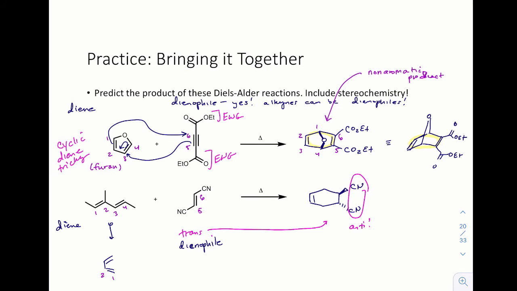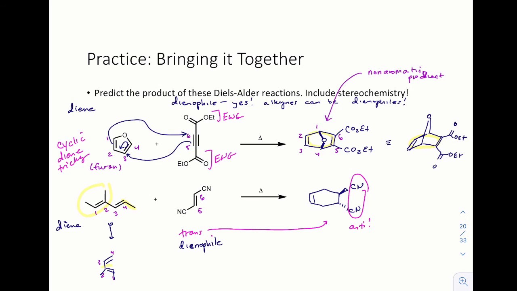Both carbons 1 and 4 have a substituent on them. They could both form stereocenters, so we need to figure out if they have the same or different relationships. Recall what I said, that the cis-trans relationships for each individual alkene do not change. So methyl is cis to the other methyl. So there we go. On carbon 4, the methyl group is trans to everything else.